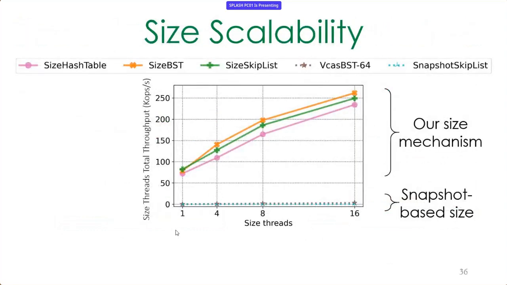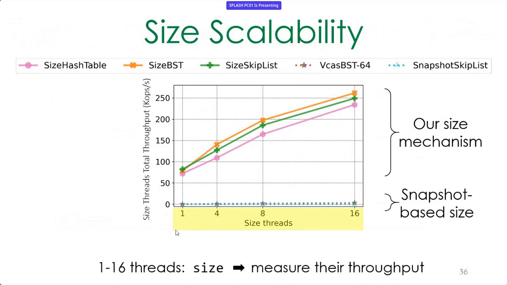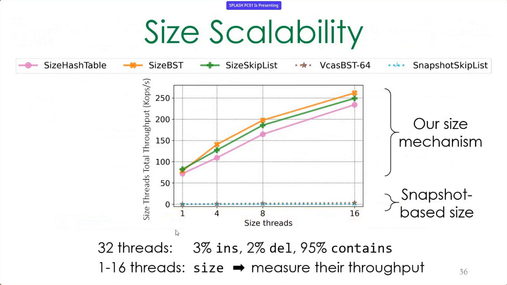All right, and another thing I wanted to show is how our size methodology scales. So for this, we didn't run just 1 size thread, but rather changed the number of size threads between 1 and 16, but we still let other threads, 32 threads, run insertions, deletions, and contains operations.